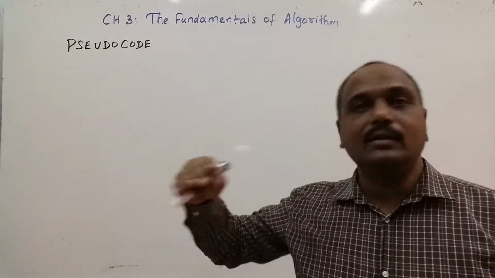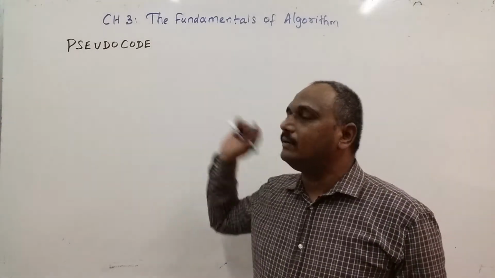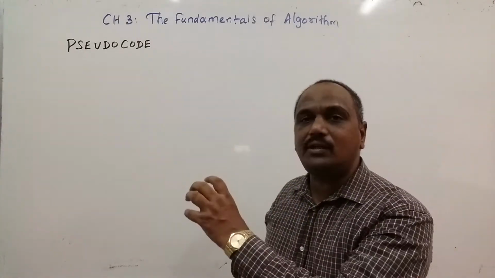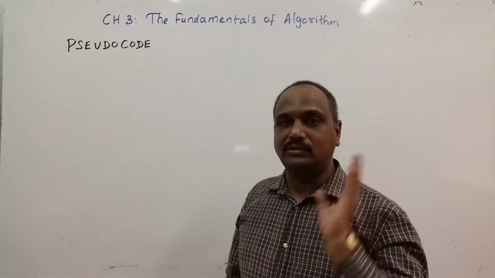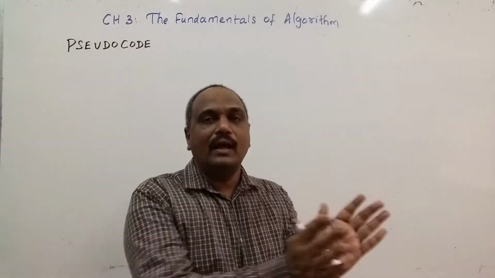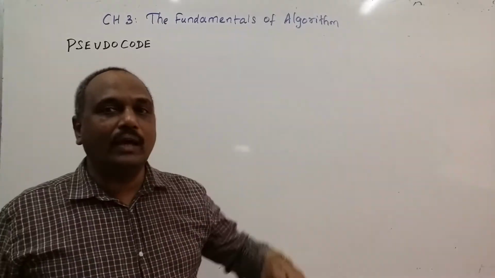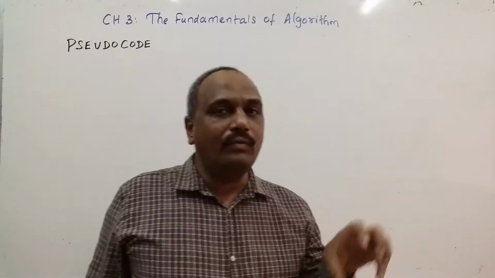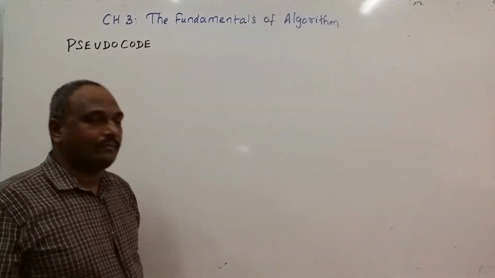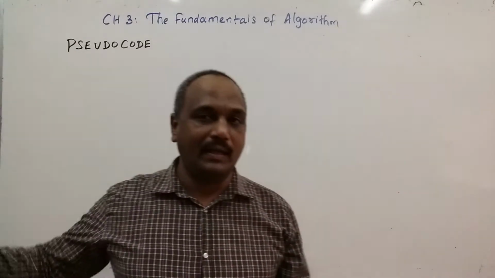How they were writing the program, more or less the same idea we are going to use in this pseudocode. This is a structured algorithm. This will have all the ideas of how we are going to write a program in any programming language.